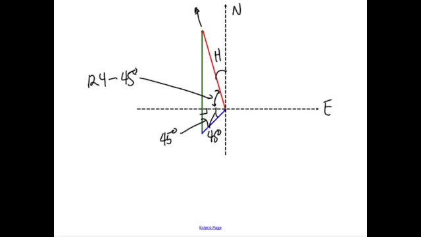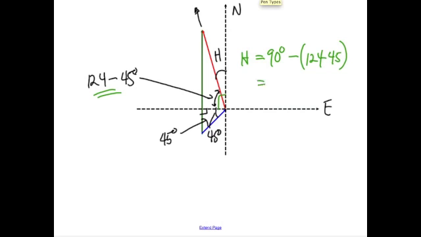The heading is from north, so this angle right here is 90 degrees. So the heading will equal 90 degrees minus this angle right here, 124 minus 45, and that'll be the heading.